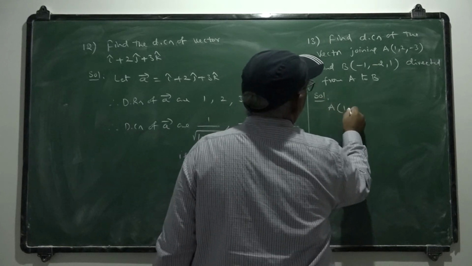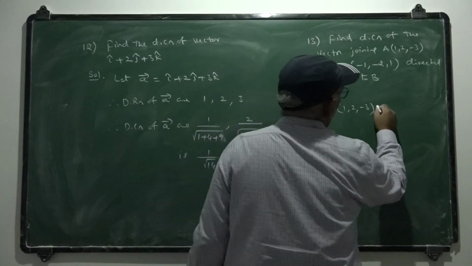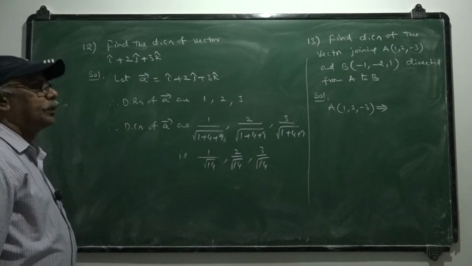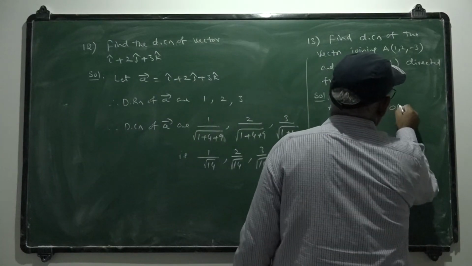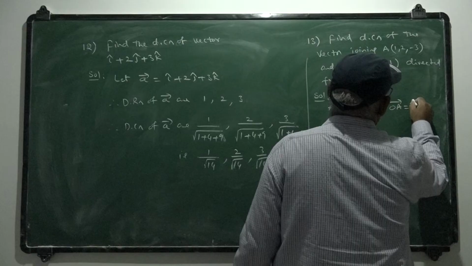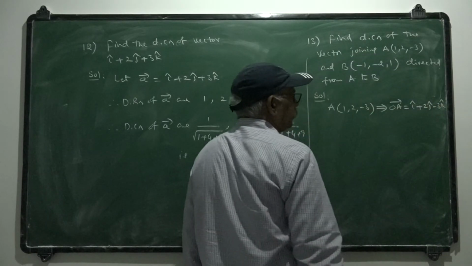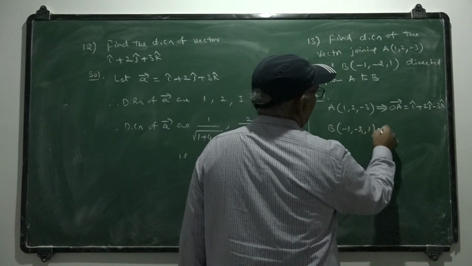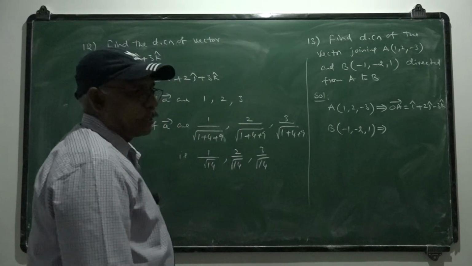For that, A is given in ordered triplet form, three-dimensional point form. So A is 1, 2, minus 3 implies the position vector of A, OA bar, is i plus 2j minus 3k itself. The point B is given in its three-dimensional point form, minus 1, minus 2, 1.